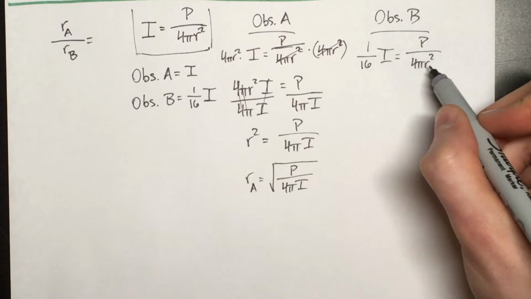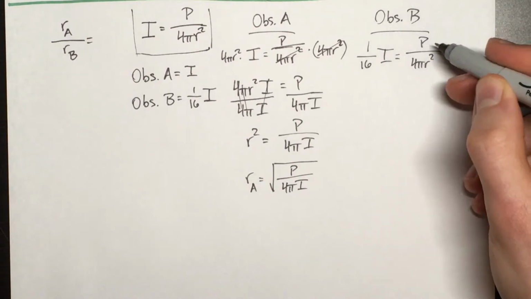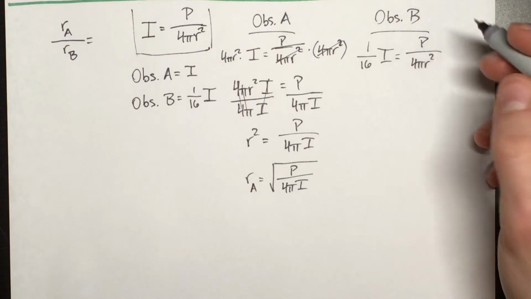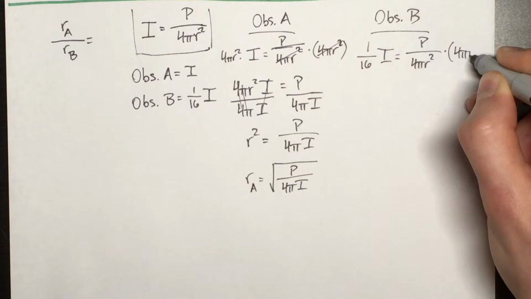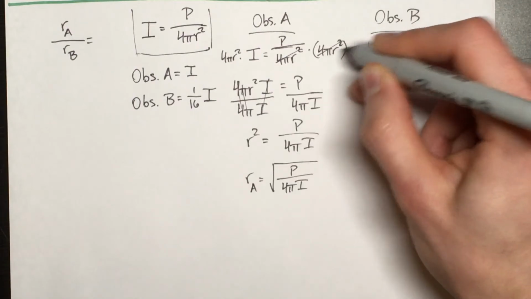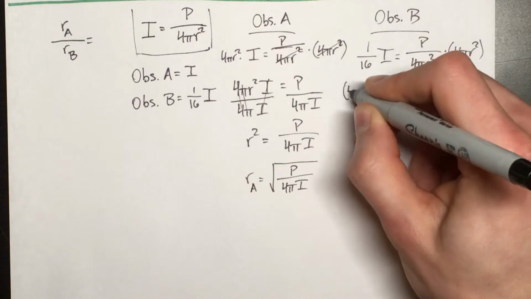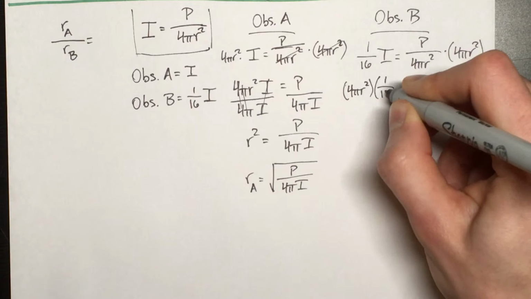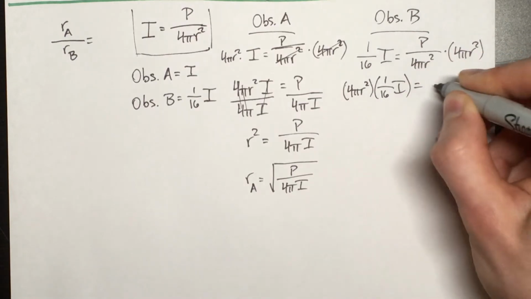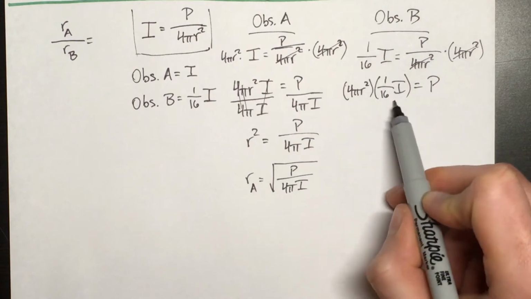So here, again, we want to isolate r. How can we do it? Well, we have this fraction here. Let's get rid of that, just like we did in the other example, by multiplying both sides by 4 pi r squared. So it would now be 4 pi r squared times 1/16 I is equal to P. Let me rearrange this a little bit.